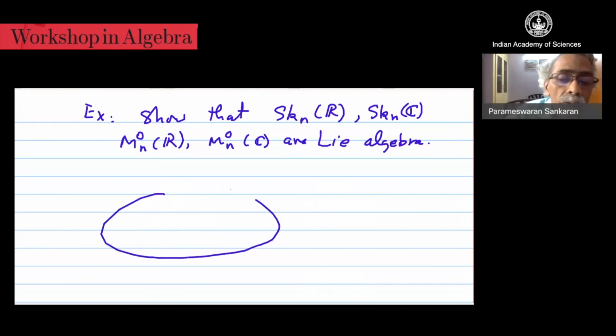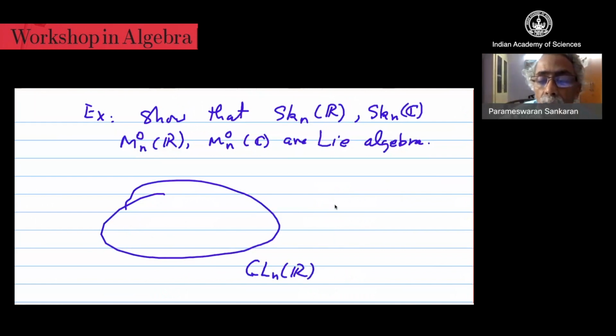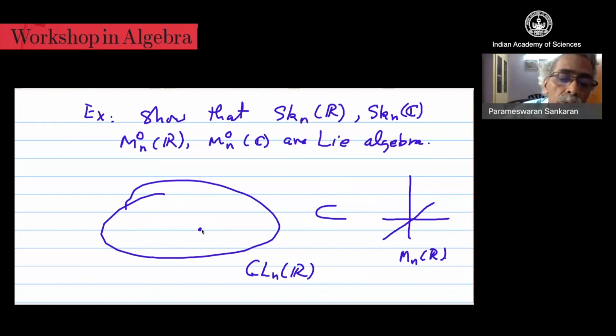Remember, this is my picture of GLn. Pretty bad picture, I agree. And of course, it's contained in some Euclidean space, Mn(R). It's an open subspace. So what do we mean by the tangent space to GLn at a point? One has to understand the notion of a tangent space to answer that question. So the tangent space consists of all tangent vectors. What is a tangent vector?